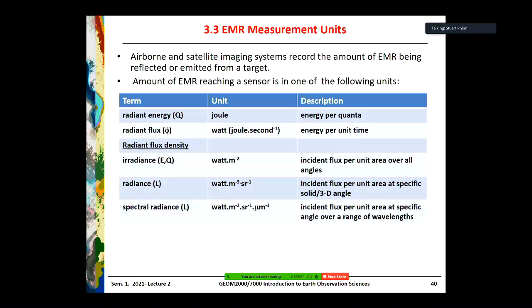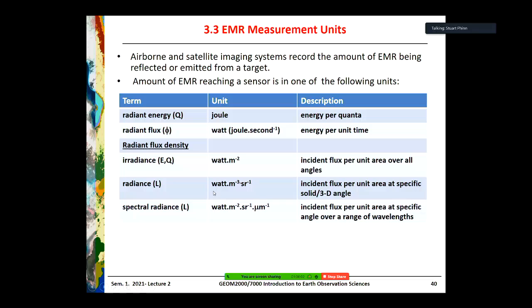So if I measured for a second, I'd get a measurement in joules. Then you've got a density measurement which incorporates per unit area. A watt is that radiant flux, which is a joule per second. If we measure the amount of energy with a certain size detector, we can work out how much energy is arriving per unit area.